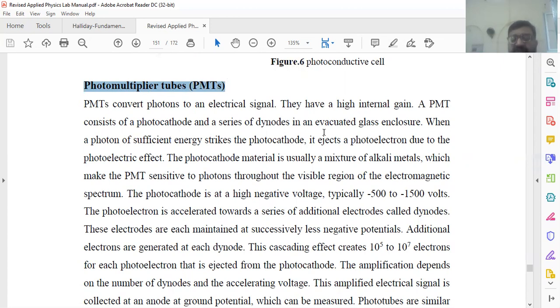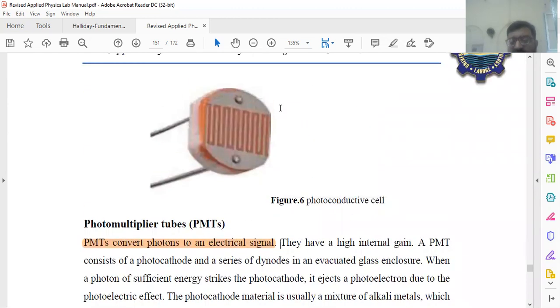photomultiplier tubes, PMTs, which are being used in cameras as a sensor, and their function is to convert light into electrical energy. When light is converted into electrical energy, most of the time it provides very low output.